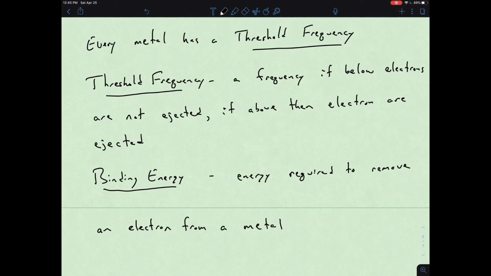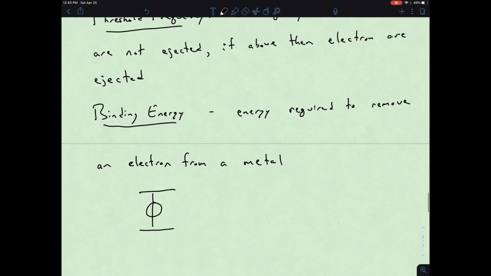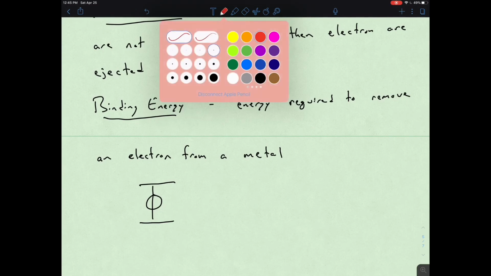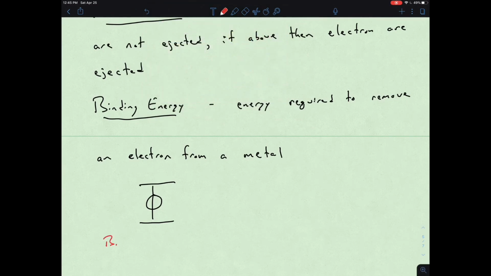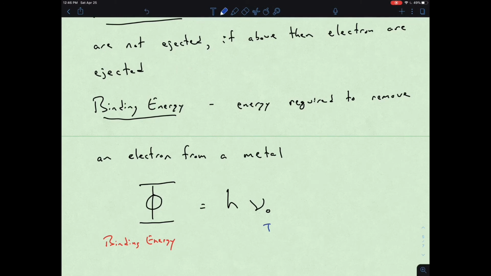And we know that they're basically related to one another, right? The idea of energy and frequency. So our binding energy is given this capital phi. And that is equal to Planck's constant times my threshold frequency.